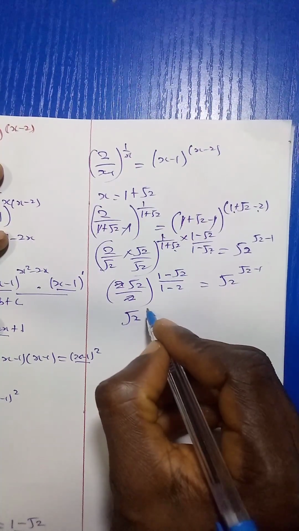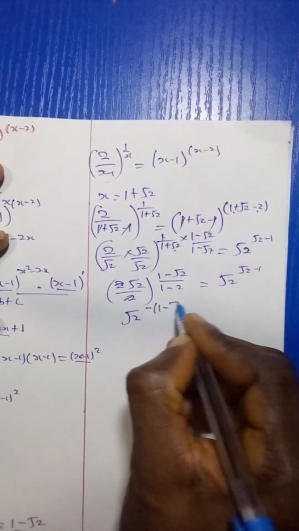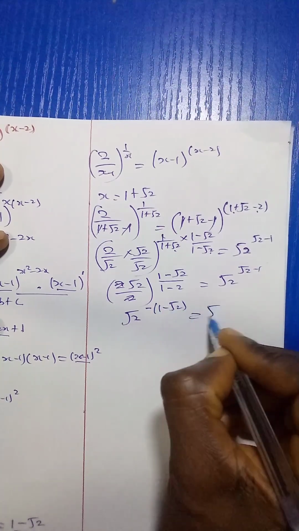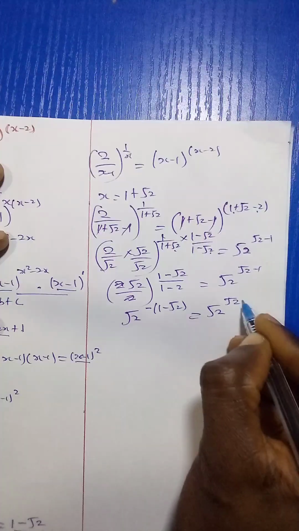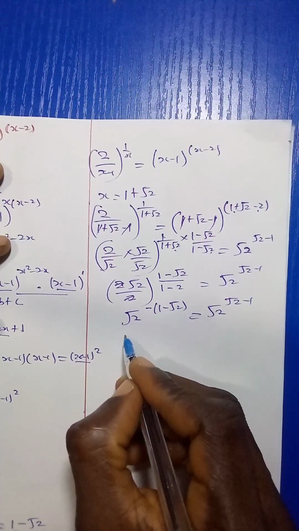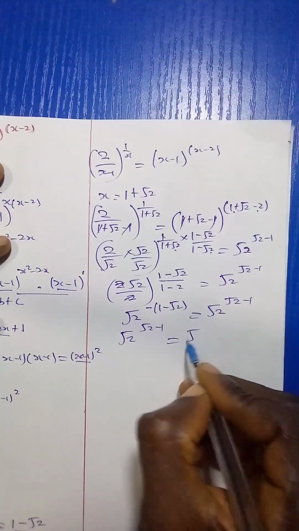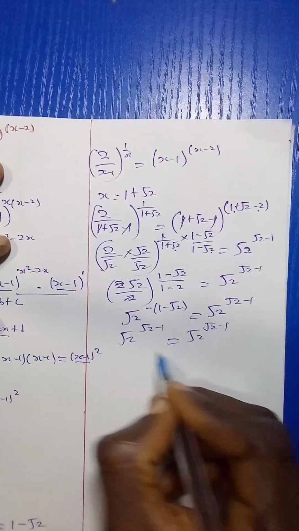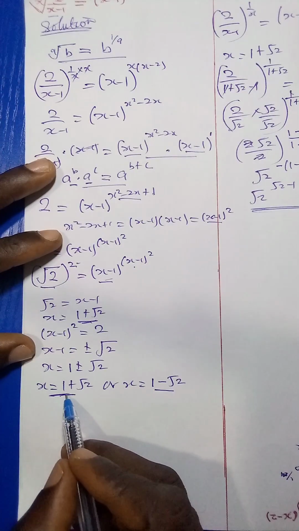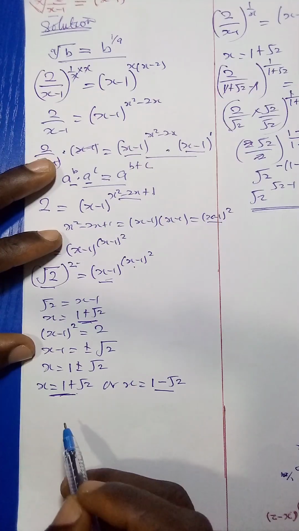So I have minus 1 minus root 2 is equal to root 2 to power root 2 minus 1. If I open this bracket, root 2 will now give us root 2 minus 1 here, equals root 2 minus 1. We now see that 1 plus root 2 is a solution to the problem.